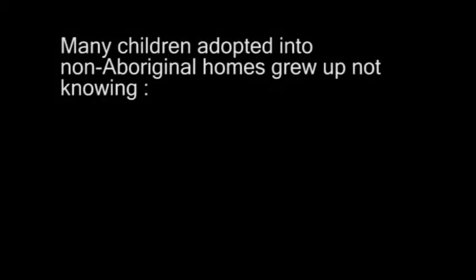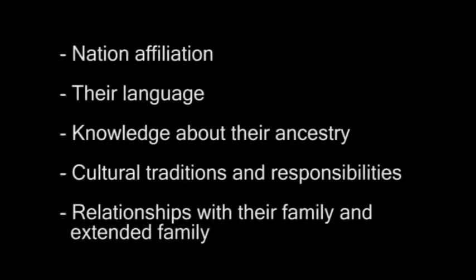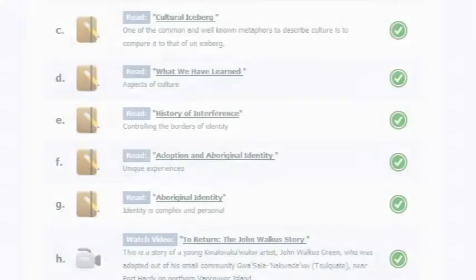Consequently, many children adopted into non-Aboriginal homes grew up not knowing their tribal or nation affiliation, their language, knowledge about their ancestry and history, cultural traditions and responsibilities, and relationships with their family and extended family.